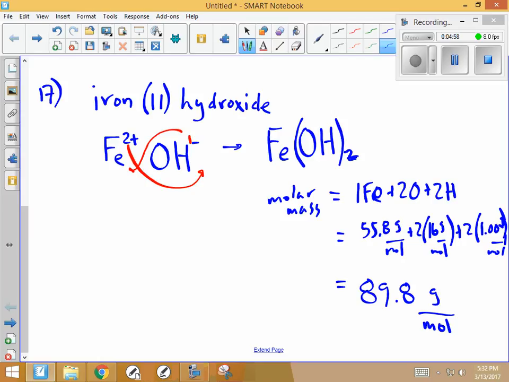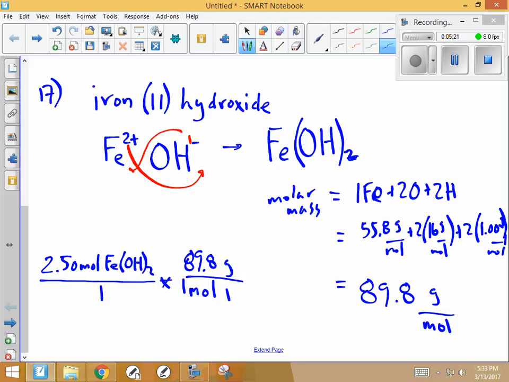Now, we're asked to calculate the mass in grams of 2.5 moles. So if we have 2.50 moles of iron hydroxide, and we multiply by 89.8 grams per 1 mole of this iron hydroxide.